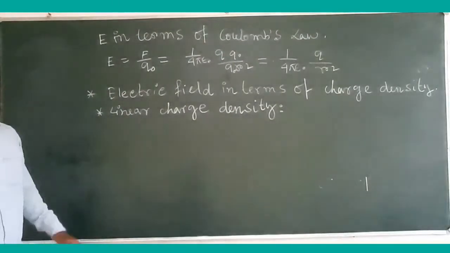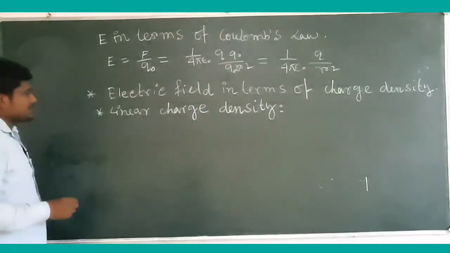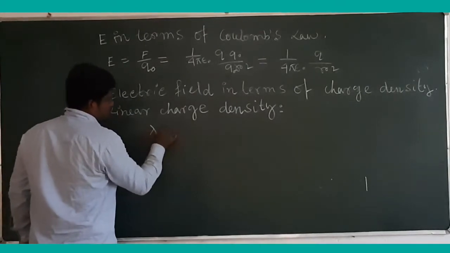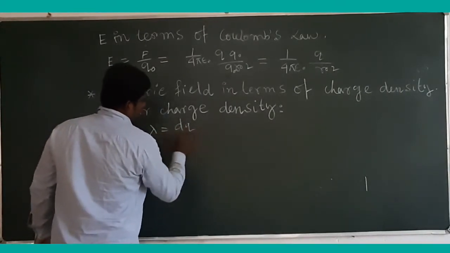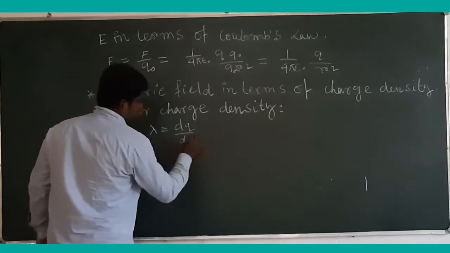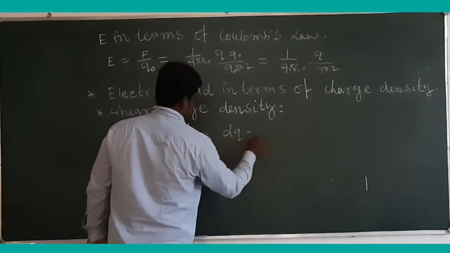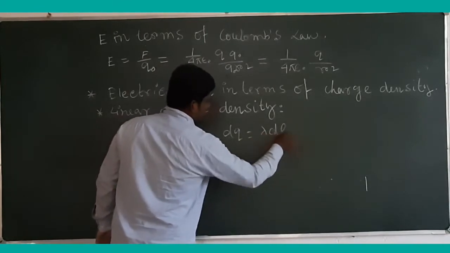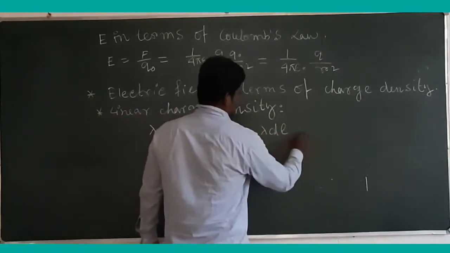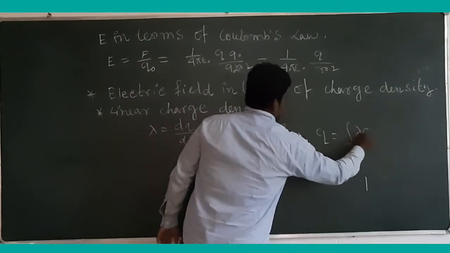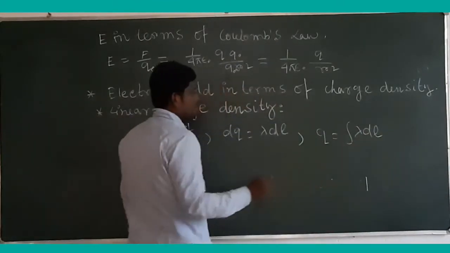So, as in our previous class we write lambda is equal to dq by dl, and from this dq is lambda dl, and from that you can obviously get q. This will be equal to integral lambda dl.